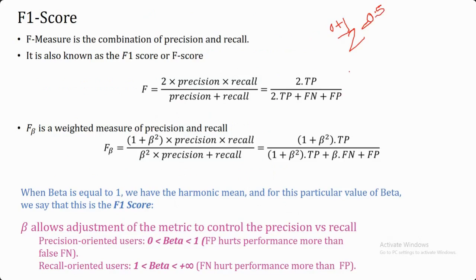And in the reverse case, where recall is 1 and precision is 0, even then you are going to have the value 0.5. But in both cases, here your recall is 0 and here your precision is 0. So this should not be the case with your model.